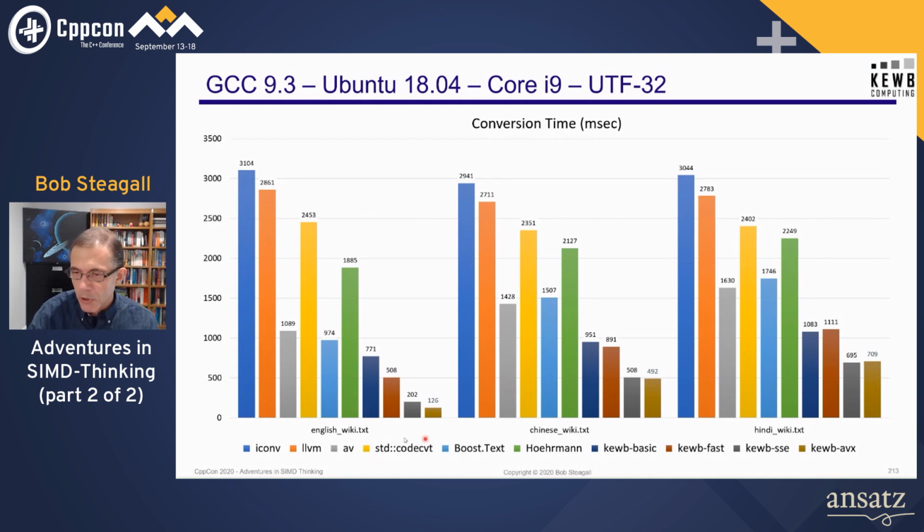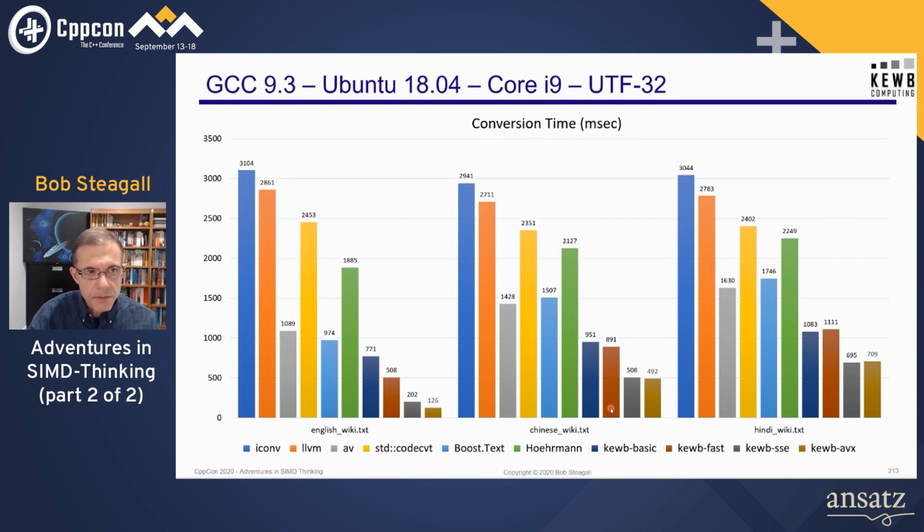And then you've got mine, the basic ASCII, the improved ASCII, the ASCII improved with SSE, and the ASCII improved with AVX2. So you can see in the case of English, where it was all ASCII code points, it was quite a bit faster. It ran in about 62% of the time of the SSE-based solution.